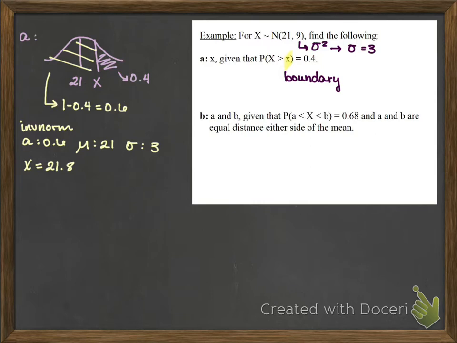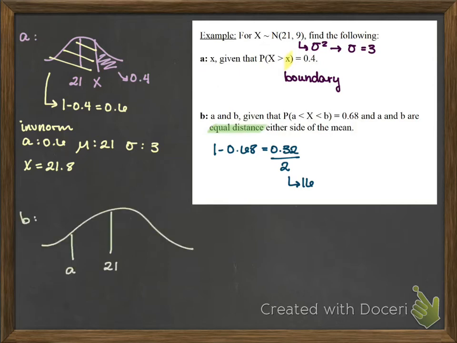Our next one, we need boundaries A and B. We're given that middle space between A and B is an area of 0.68. So we need the outside, so 1 minus 0.68 is 0.32, and then it says they are equal distance, so divide by 2, and we get 0.16. Drawing that out, we have boundary A and B, and on either side, that area is 0.16.